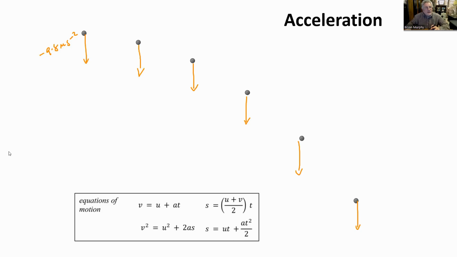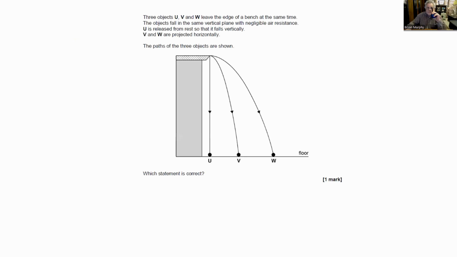Now, let's have a look while we're here at a multiple choice question. Okay, so you would expect that to be like the demonstration that you've probably seen your teacher do. And you're expecting the question, which one lands first? None of them.